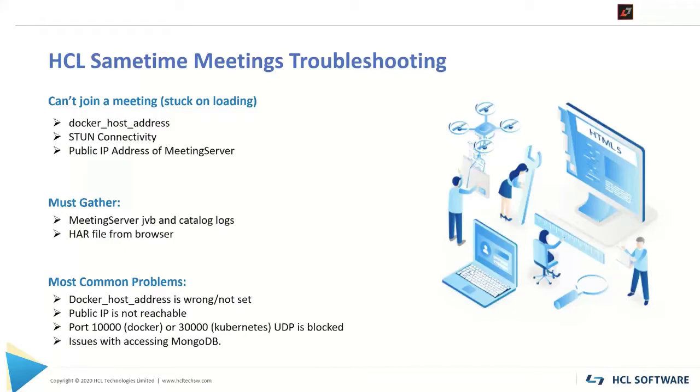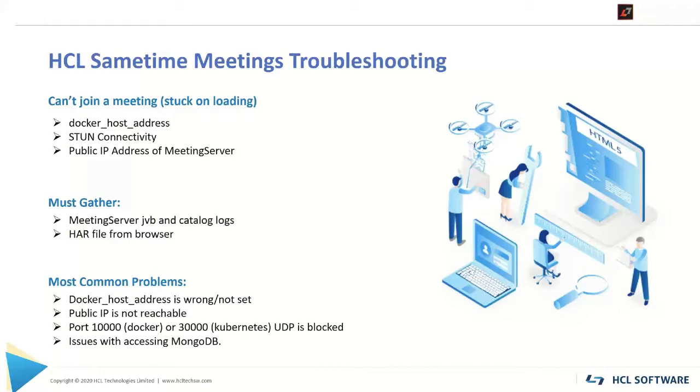So all of those things work together to establish the client connectivity, and we need to validate that they are correctly set. I have here in the must-gather the catalog logs, because if we're not able to get the catalog to check the room settings, as in the slide before for creating a meeting room, that can cause the same type of loading issue.